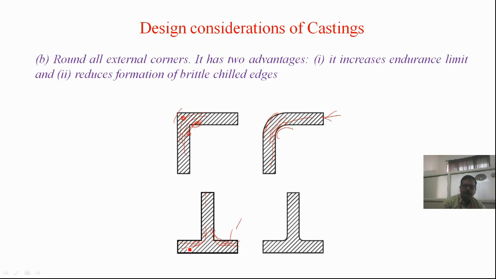So this area and this area will be subjected to defects in casting. When you make rounded corners or chamfers, the metal can flow easily, and when it solidifies there won't be any defect. Here defect, here also defect.